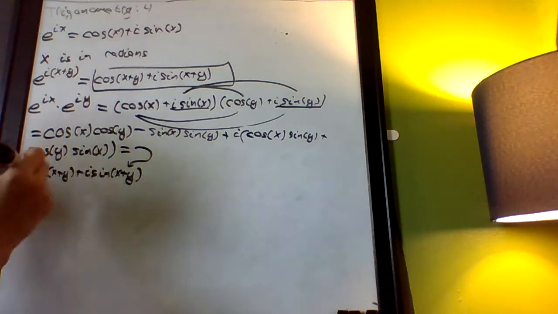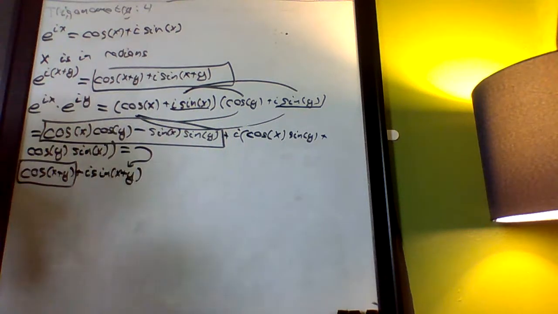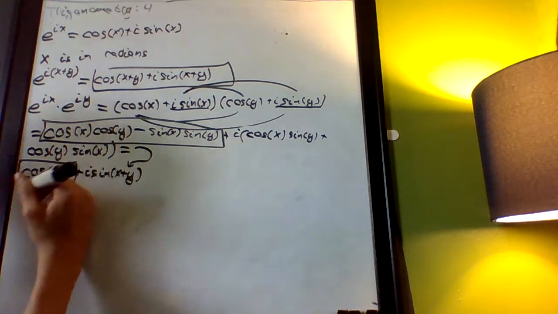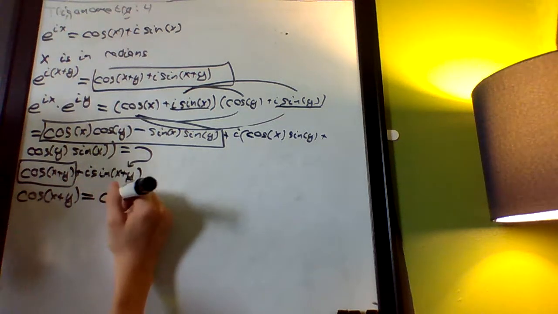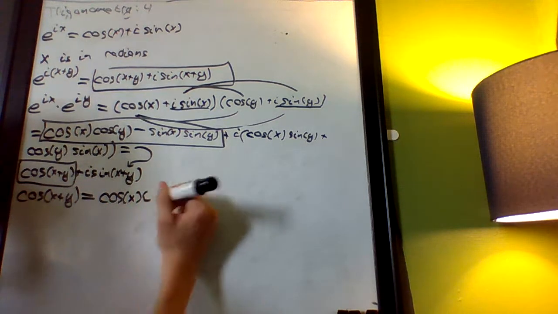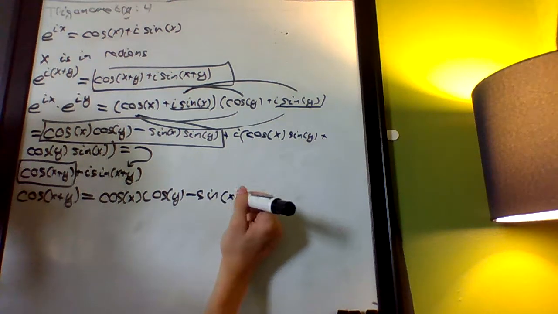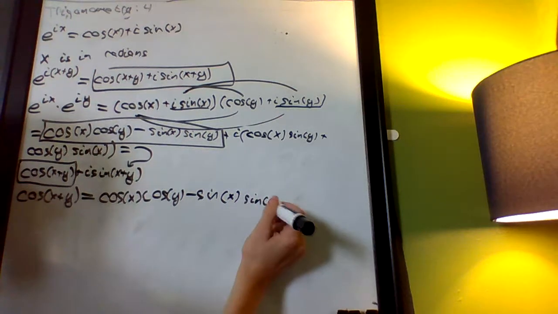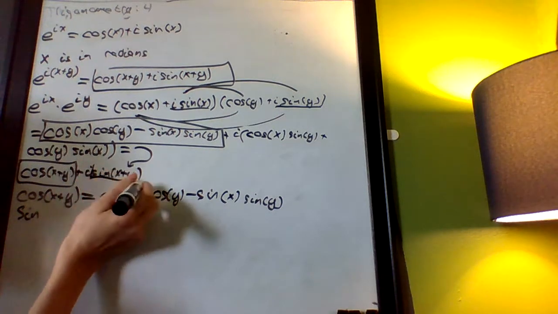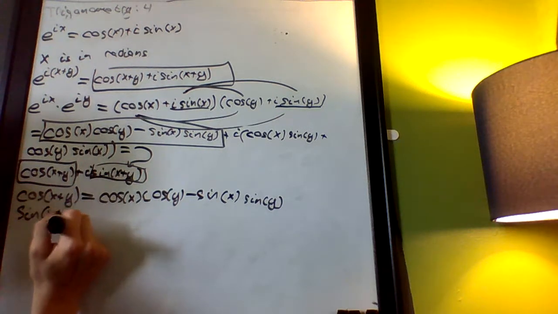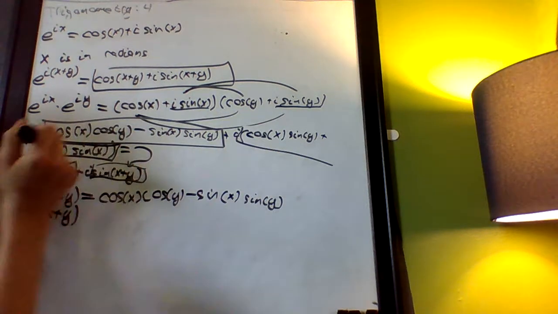Now, if I look at the real part of this, these should be equal, shouldn't they? So I know that the cosine of x plus y is then going to be the cosine of x times the cosine of y minus sine of x times sine of y, and the imaginary part of x plus y should be the same thing as the imaginary part on this.